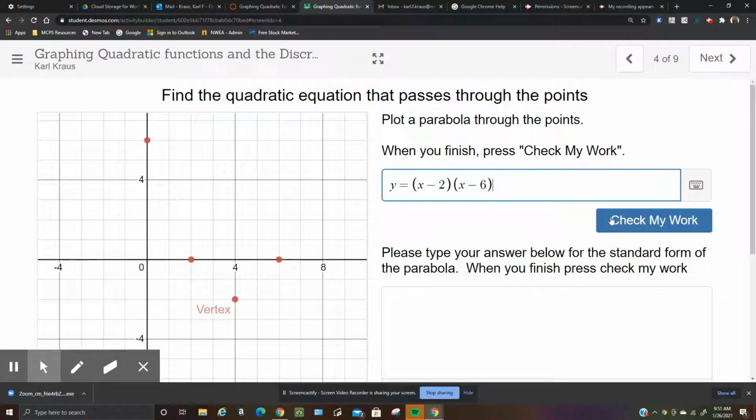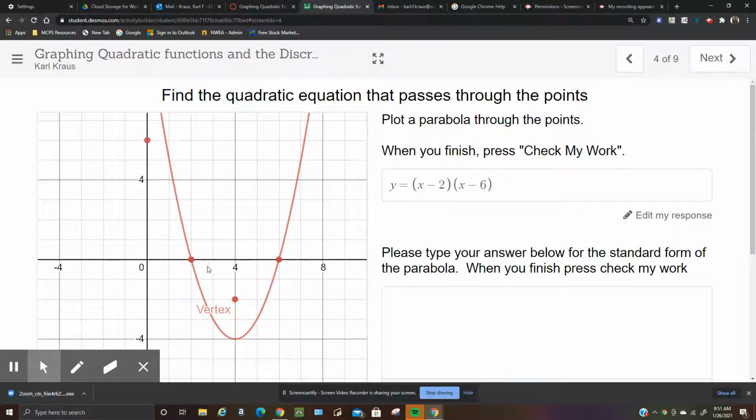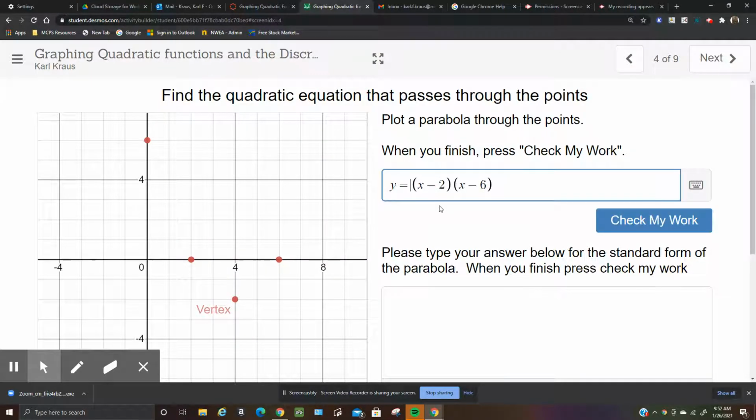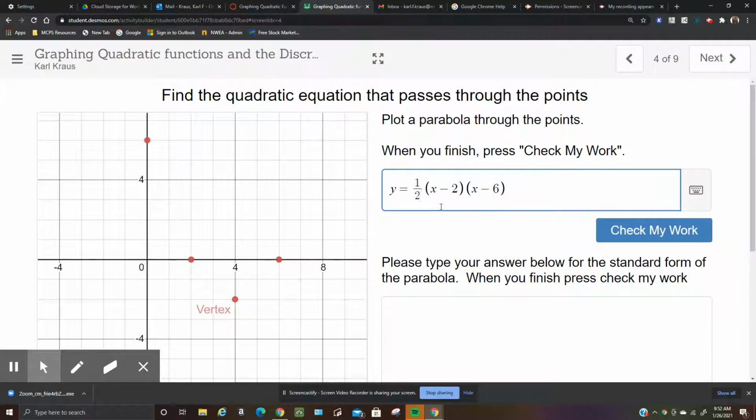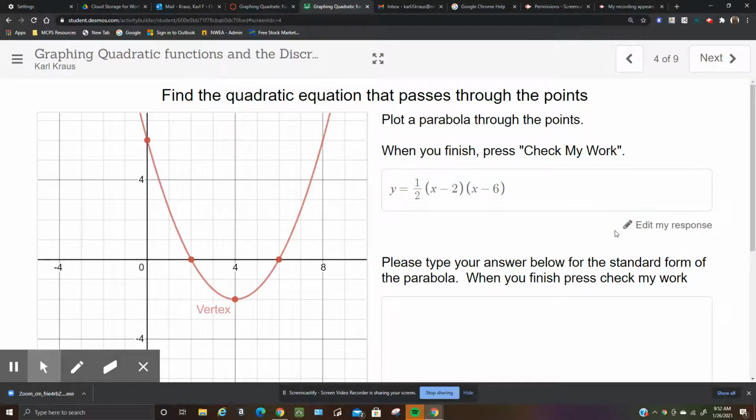If I check that, it doesn't go through these 2 points. So in other words, this has to be wider. In order to make the parabola wider, I'm going to use a fraction between 0 and 1. So I'm going to try 1/2 there, and that checks out.